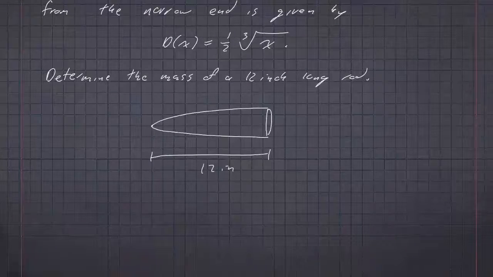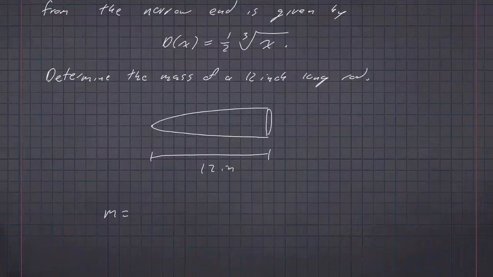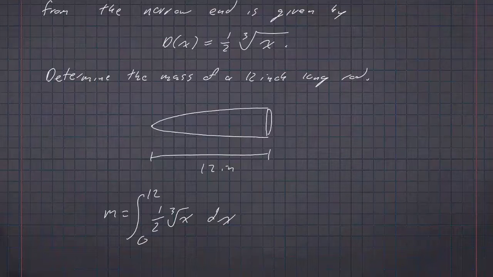So the total mass here should be represented as the integral. We start at x equals 0, we go to x equals 12. That's from the start of the rod to 12 inches down the rod, of the density function 1/2 times the cube root of x integrated with respect to x. Right? The integral is asking us to add up each little piece of the mass of this rod.